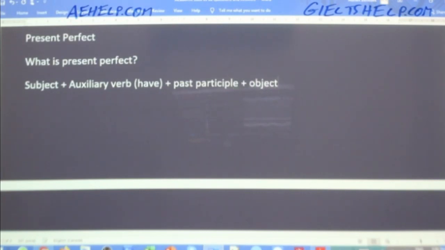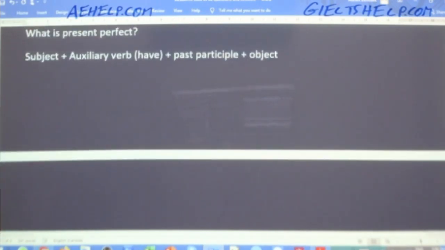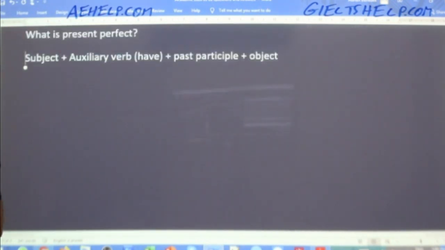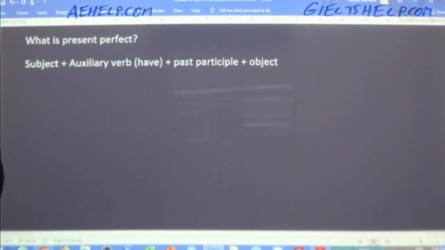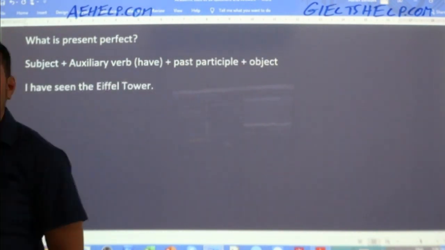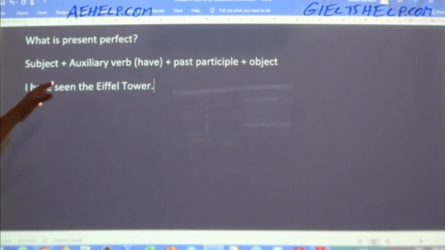Okay, so an example here, let me just move this to the next page. So an example of present perfect would be like, I have seen the Eiffel Tower. Okay, so this is your present perfect here.